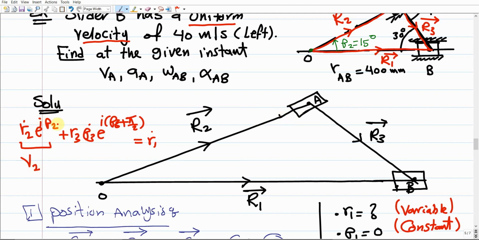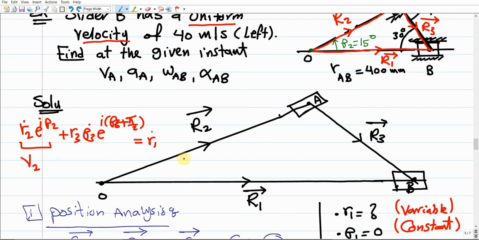According to this term, it should be in the same direction as R2, but it is parallel, whether in the same direction or in the opposite direction. It means that we may add a plus pi, which is the same value but opposite direction. Especially in case that we do have a sliding velocity like this case, it should be parallel.